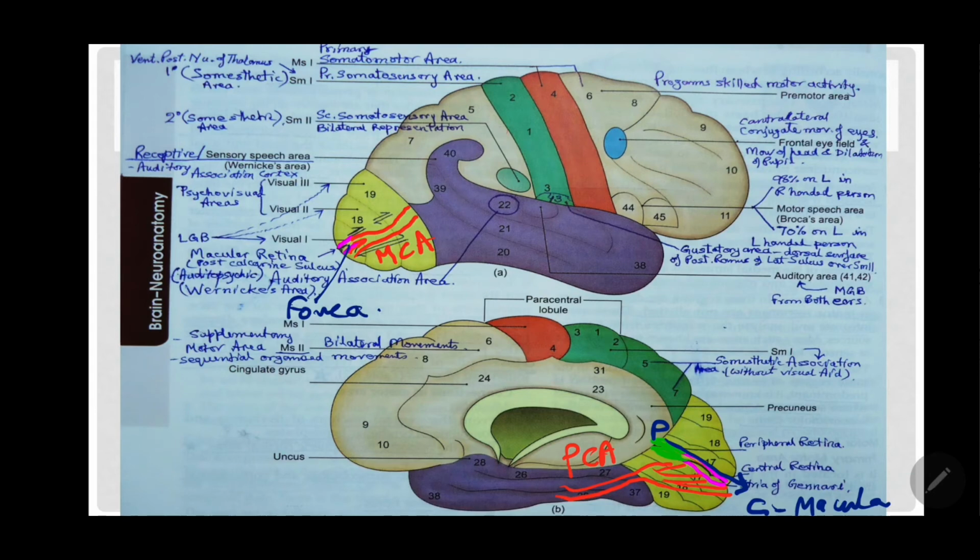So got to know that the fovea now has a dual blood supply. Got it? So that is another important point of this post-calcarine sulcus. Now about this lesion: the brain is suspended free within your cranial cavity, floating within the CSF.